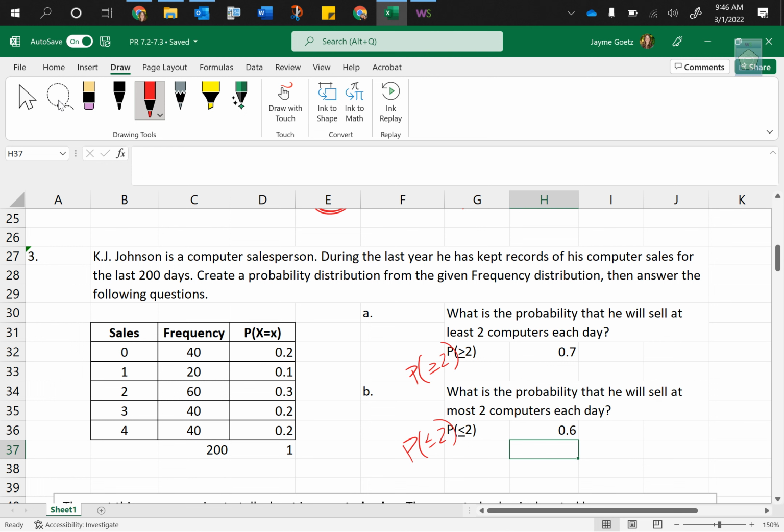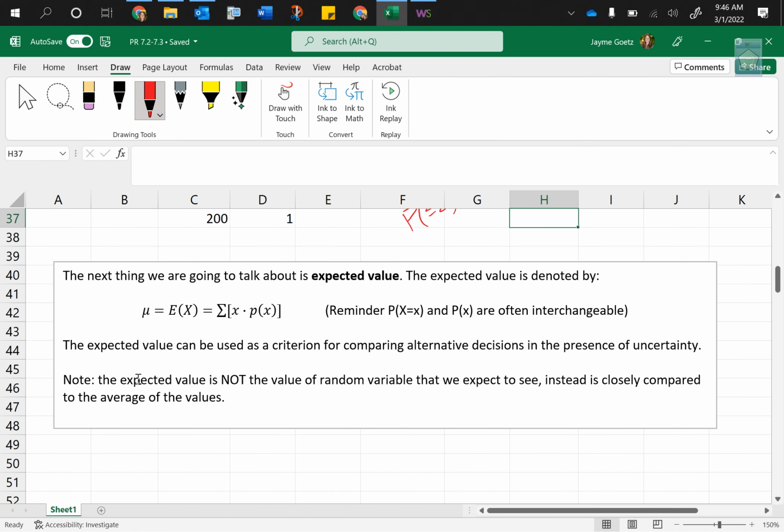Okay? All right. Now, the next thing we're going to talk about is expected value. The expected value is denoted by mu. Have we seen mu before? What does mu mean in the past? Population mean, right? Well, mu and expected value are very, very similar.